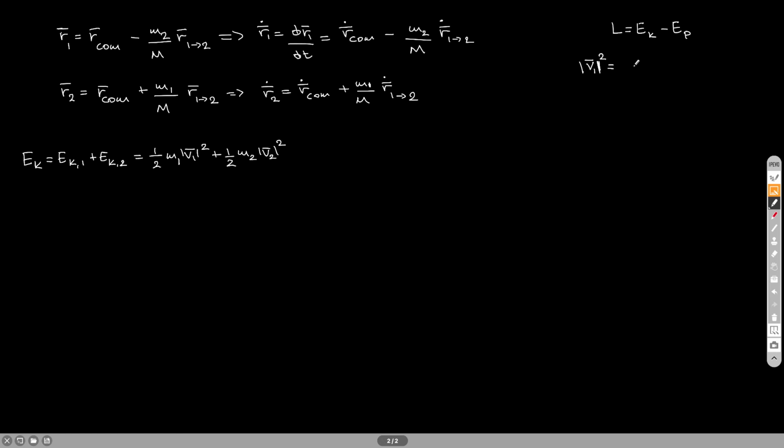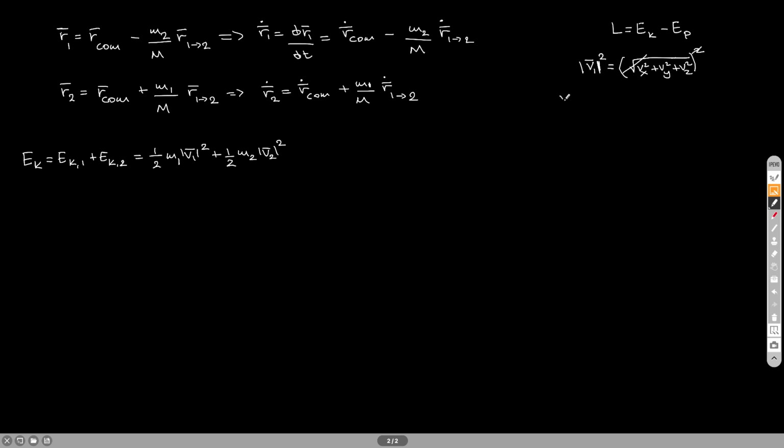The magnitude of the vector is the square root of vx squared plus vy squared plus vz squared. And of course, with the square, I get rid of the square root, so I have simply the sum of the three components, each one squared.